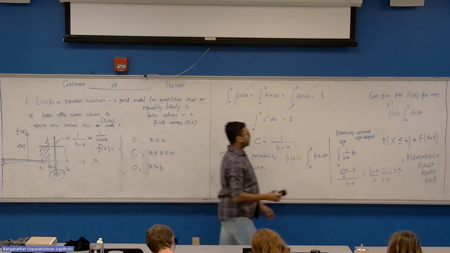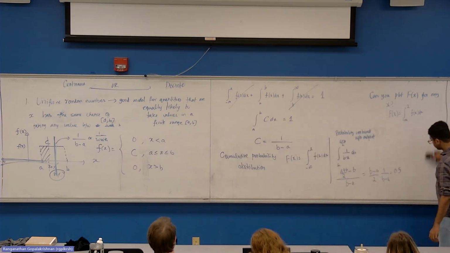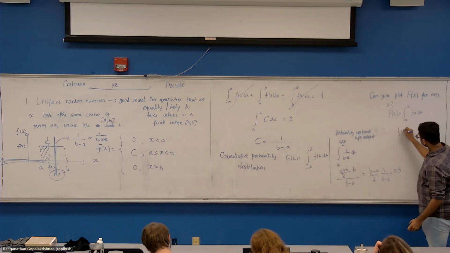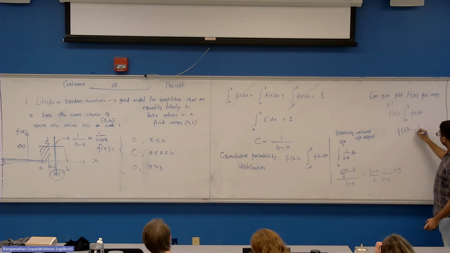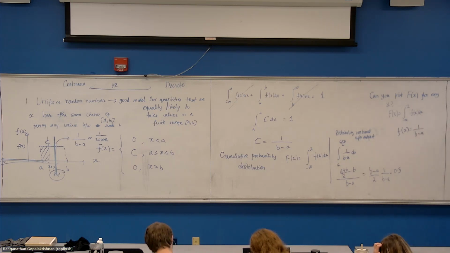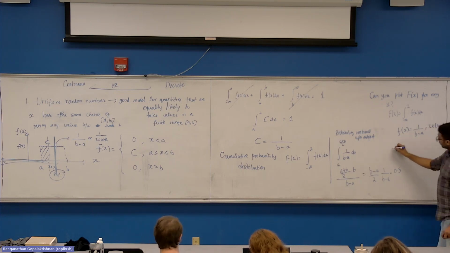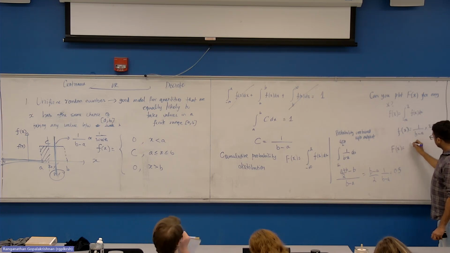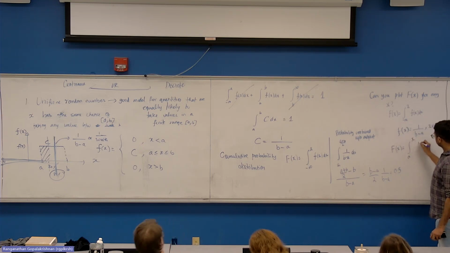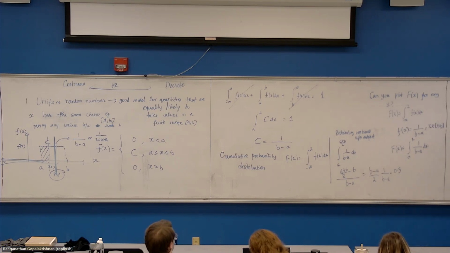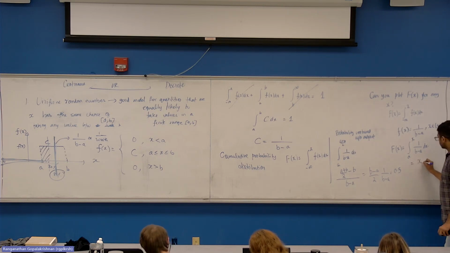For a uniform distribution, what is f of x? f of x is 1 over (b minus a), where x is between a and b. So F of x is the integral from a to x of 1 over (b minus a) dx, or this is (x minus a) divided by (b minus a).